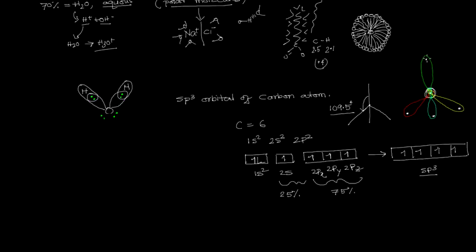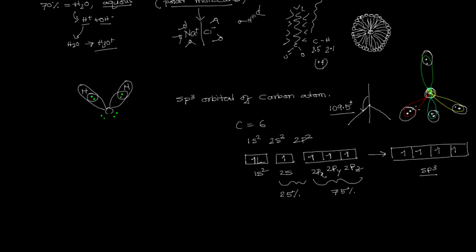Now in this state the sp3 orbitals of this carbon are going to be overlapped with the 1s1 orbitals of the hydrogen atoms.